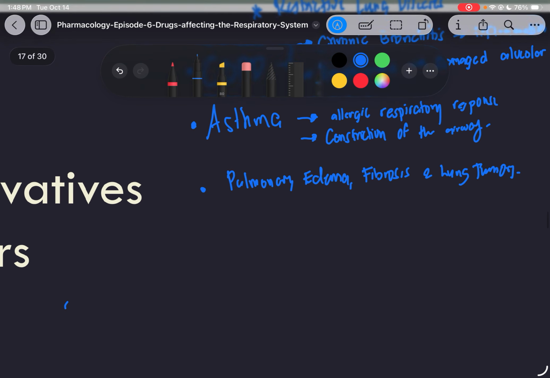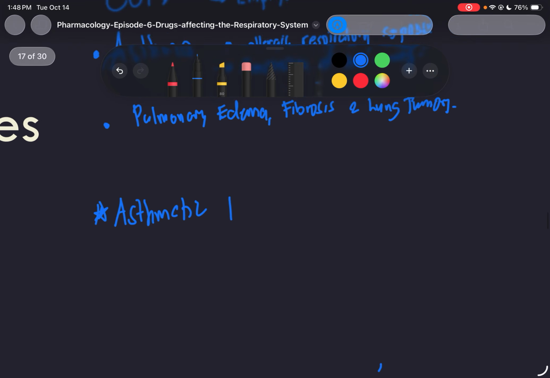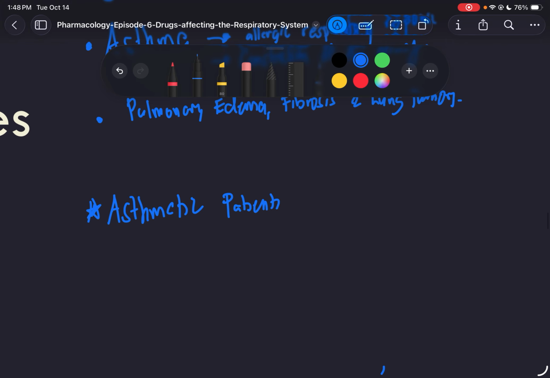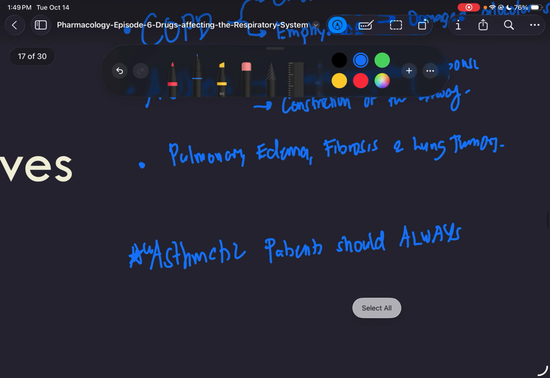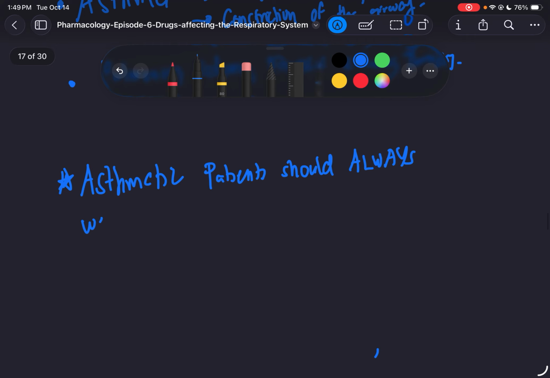The thing you need to note about this, especially asthmatic patients, is that they should always wear a medic alert bracelet or ID band.